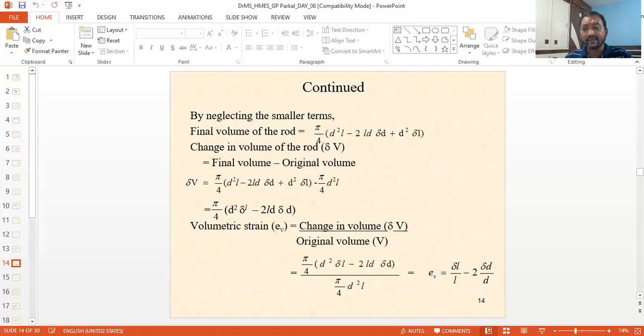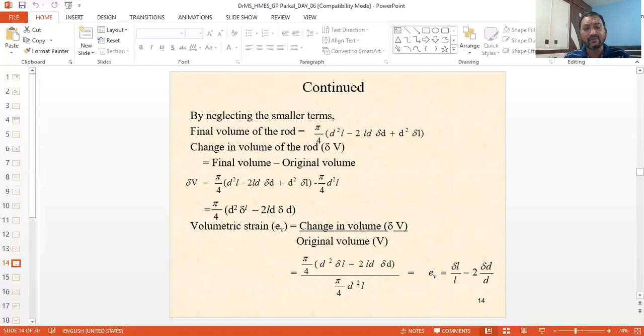Now we know that the volumetric strain EV is nothing but the change in volume by original volume.